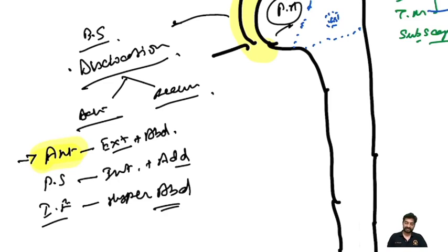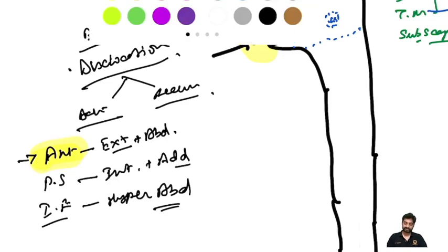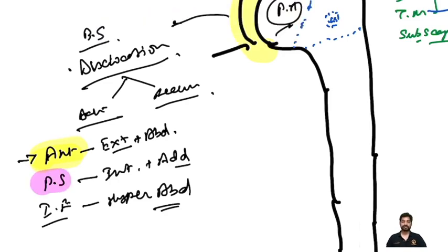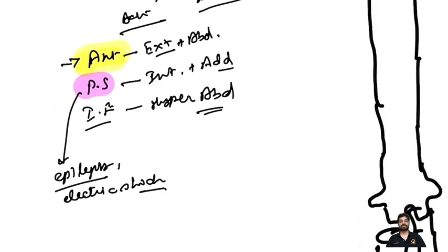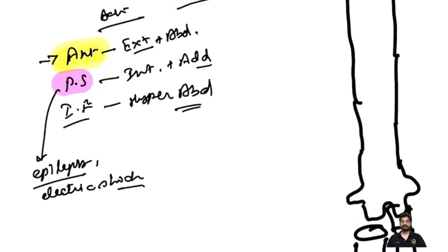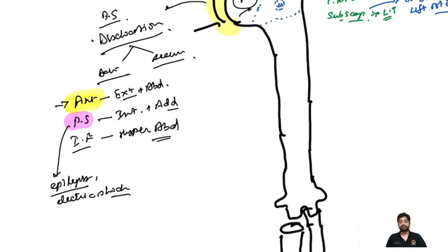Whereas posterior dislocation is common in patients suffering from epilepsy or electric shock. So if a question asks which type of shoulder dislocation is common in epilepsy or electric shock, it's a posterior dislocation.